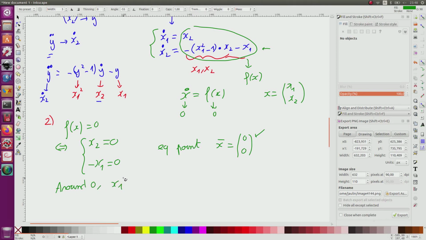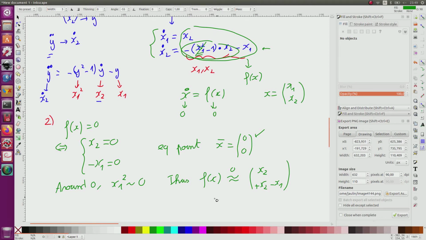so x1 square here is almost equal to 0, and it means that I will rewrite f of x as approximately equal around 0 to x2, so x2 which is here, plus x2 due to this, since this one is almost equal to 0, minus x1.